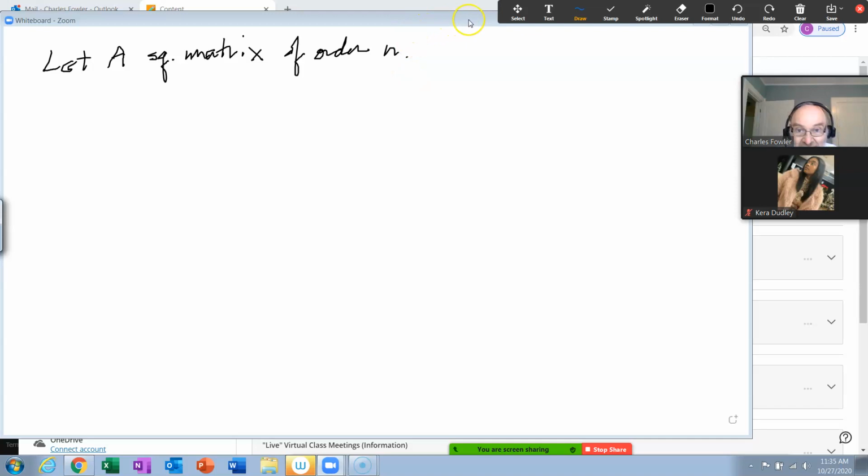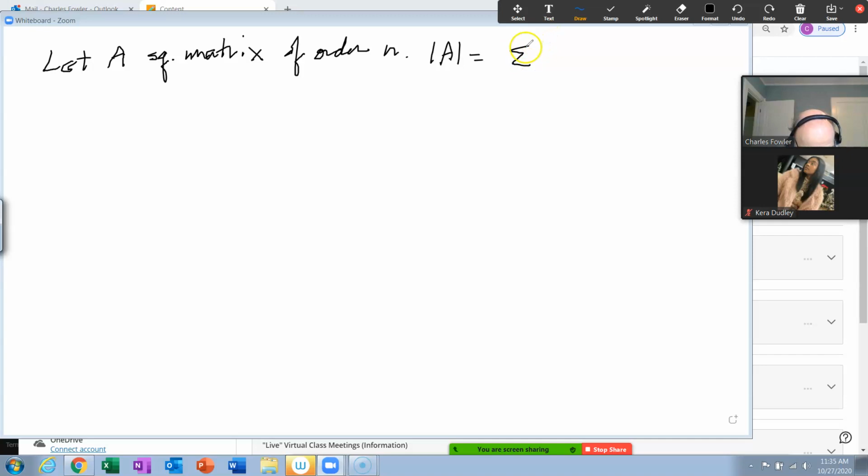So the determinant of A is, now this is hairy looking. Don't let it frighten you.